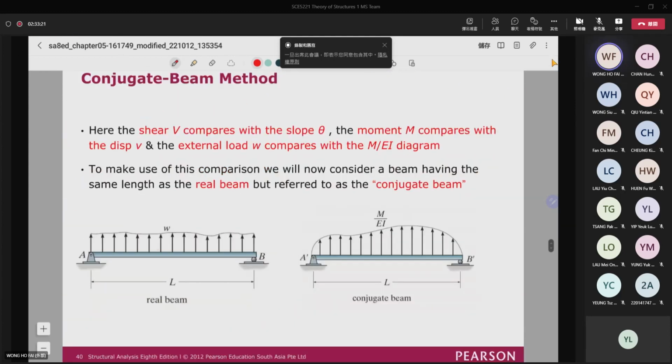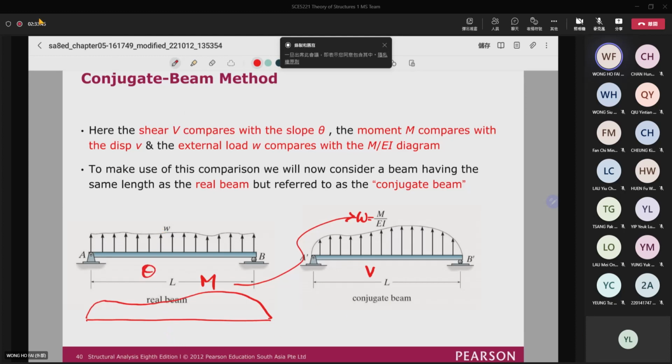If I have a distributed load applied on the real beam, say for example, I will have a bending moment diagram like that. This is my moment. If I put W equal to M over EI, then the shear in this beam will be equal to the slope of this beam, and the moment of this beam will be equal to the deflection of this beam.